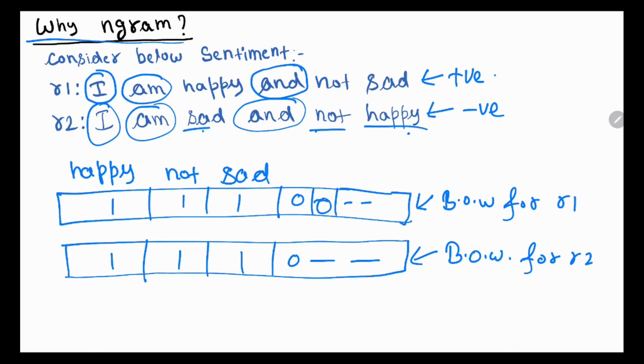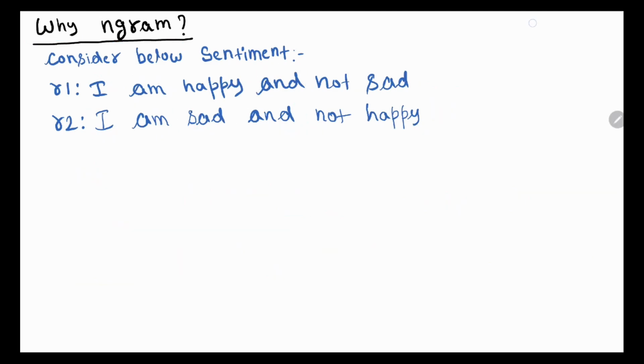So we can see that even though we have two different sentiments, we are still seeing the same bag of words, right? Isn't that a problem? How can we solve this problem? We can solve this by considering the bigram or in general ngram. That's why we use bigram or ngram. Let's construct the bigram for it.